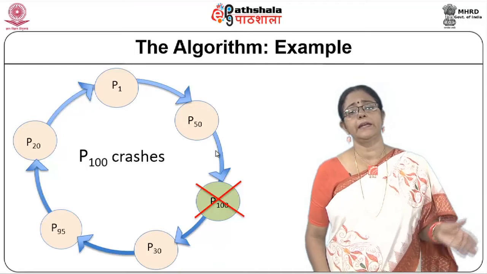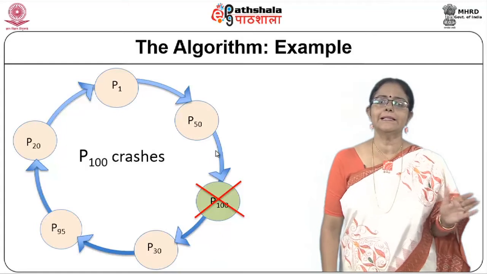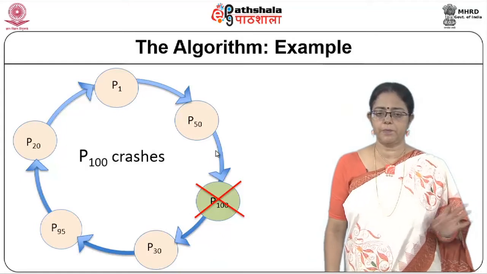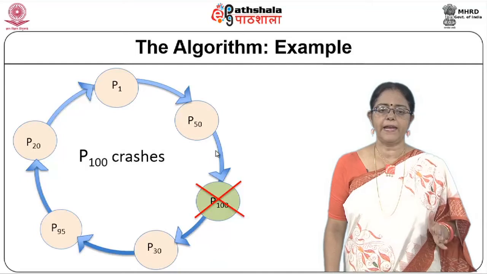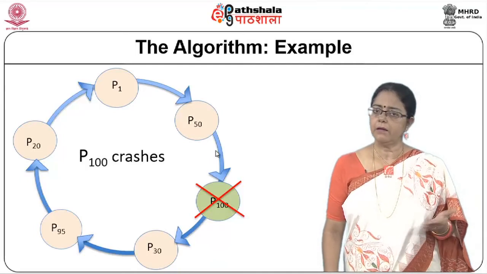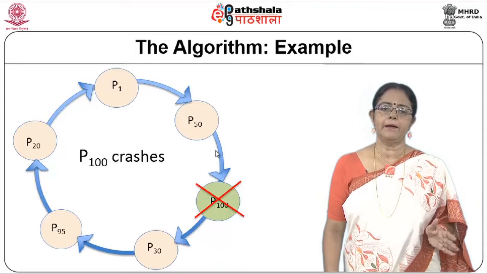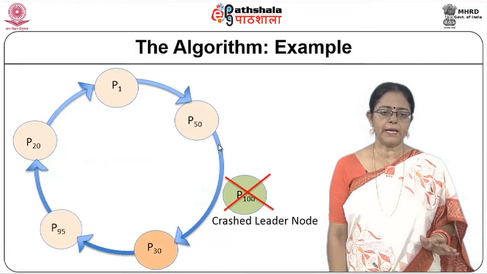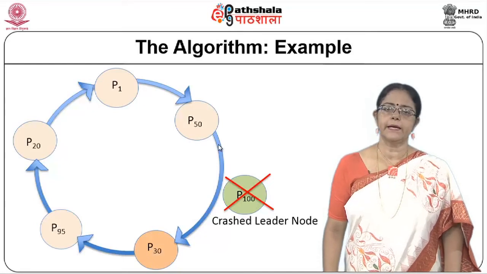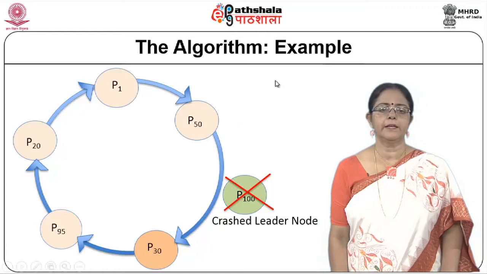So when P30 wants to communicate with P100, it will send a message, it will time out and it will not receive any reply because P100 has failed, and then it will try this process maybe 5 times and finally it will decide that P100 has failed. So, in our example P30 is the node which decides that P100, the current leader, has failed.